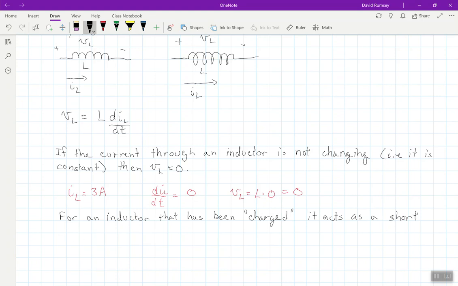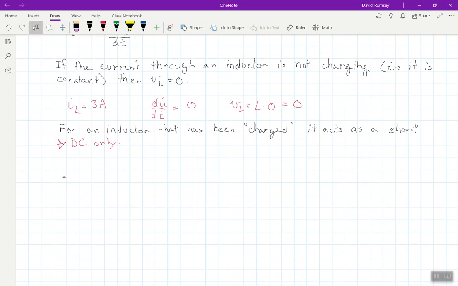Now let's emphasize again, DC only. Because if we have an AC current, an exponential or some kind of sine or cosine, those derivatives aren't zero. So that means the voltage across the inductor is not zero, and so it's not going to be behaving as a short in those cases. So it's only for DC where it behaves as a short.